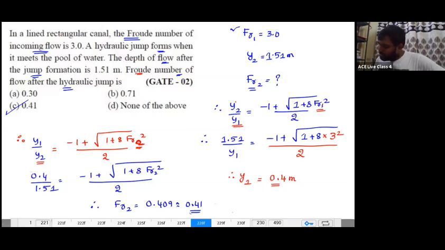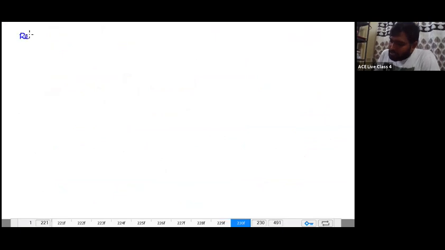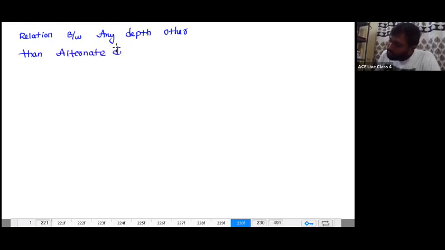Very good. Now, for the relation between any depth other than the alternate depths and a Froude number, have you remembered this? Yes.